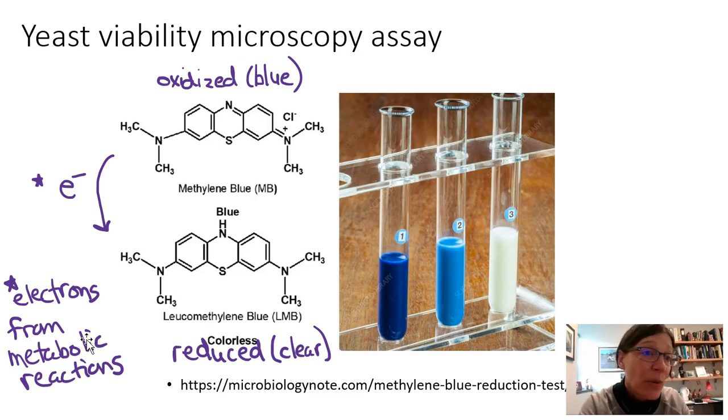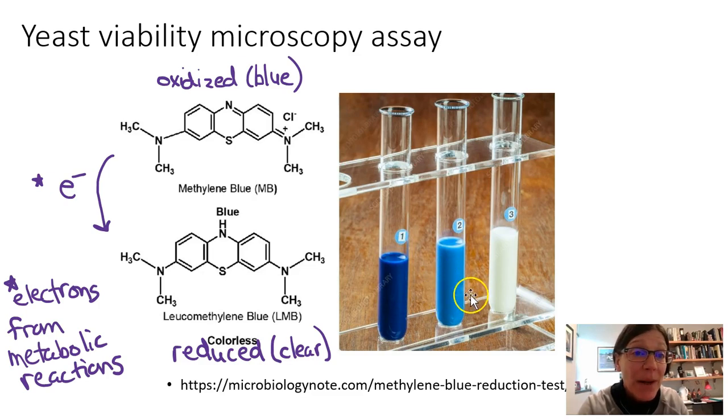It's used in the brewing industry to see if yeast are alive or not, and it's used in the dairy industry to see if there are bacteria inside of milk, which could cause the milk to spoil. And that's what the picture is showing. All three tubes have milk in them. The blue one has no bacteria in it, and so there's no metabolic activity, so it stays blue because there's no release of electrons to reduce the methylene blue.